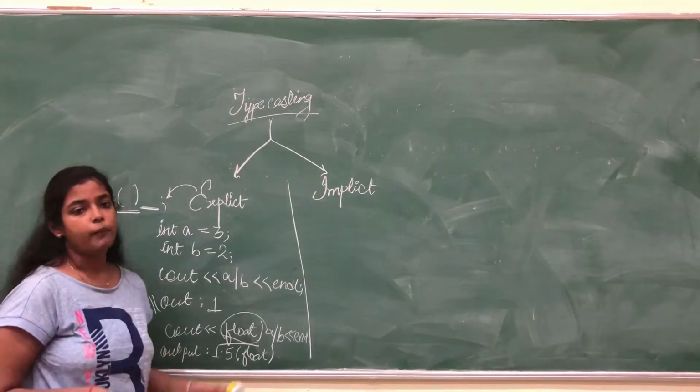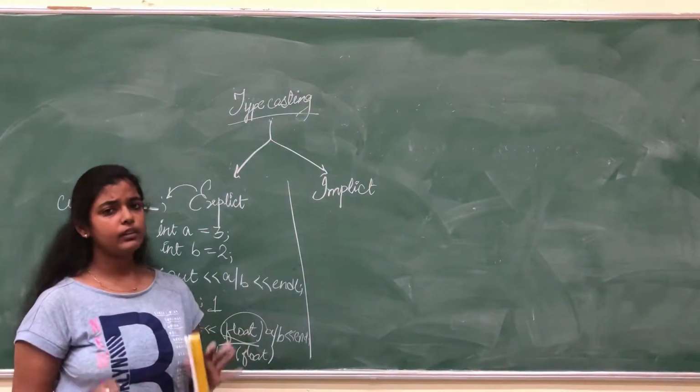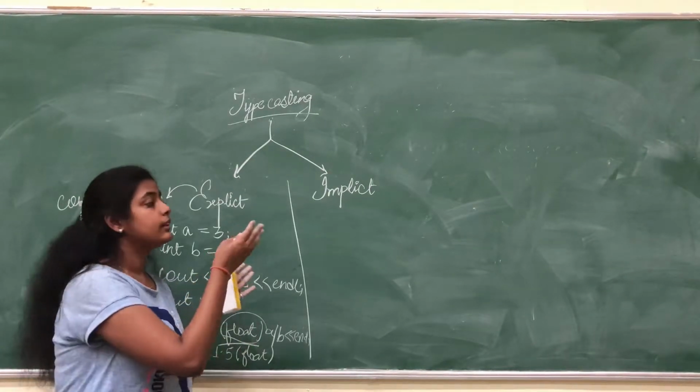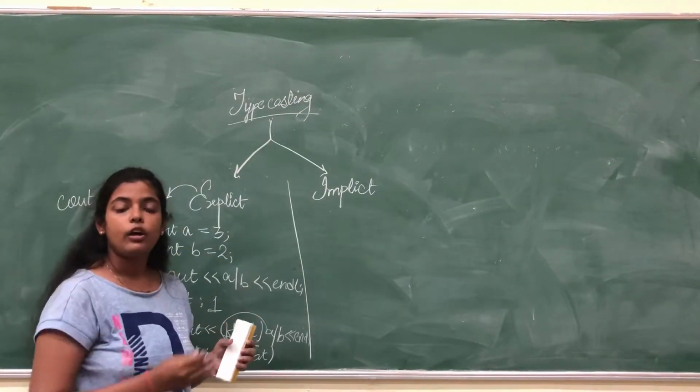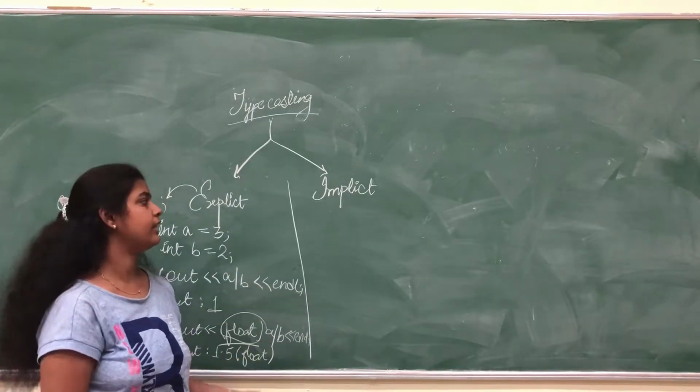Now let's come to implicit typecasting. For implicit typecasting, the computer has predefined algorithms according to which it decides the priority list it gives to different data types.